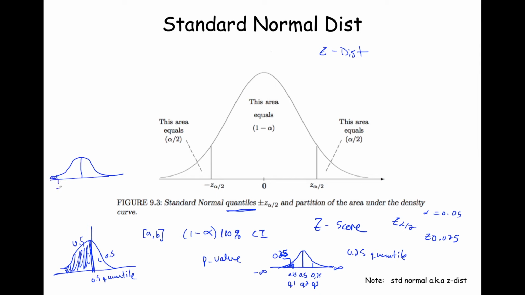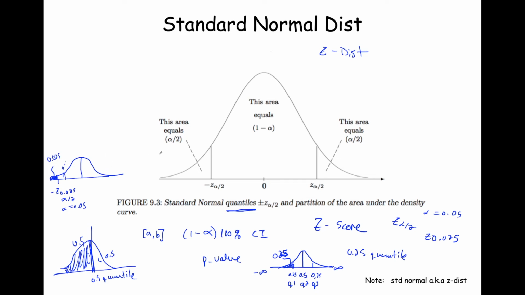That's our minus z 0.025, which is also our alpha over 2, where alpha is equal to 0.05. That's our 0.025 quantile. So if we took the area under the curve in that region, that's going to be 0.025 total probability. And then the next slice is another 0.025, and the next one's 0.025, and so forth.